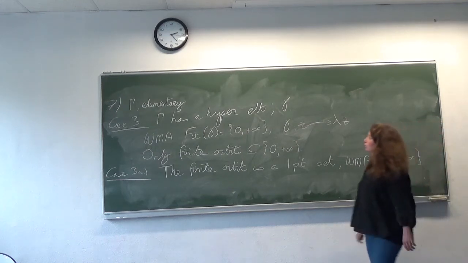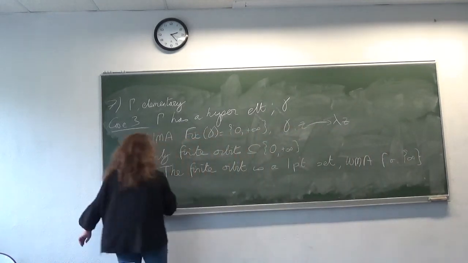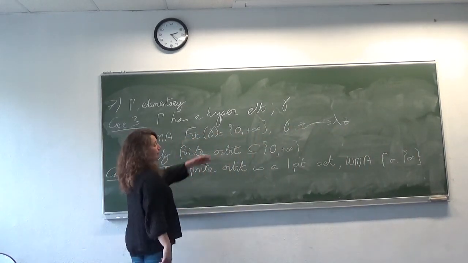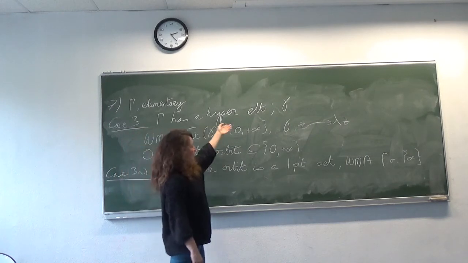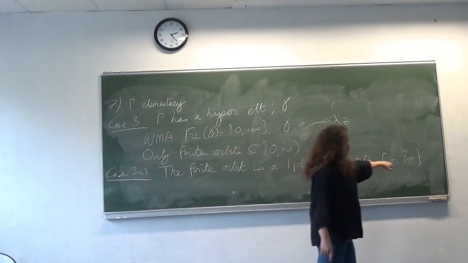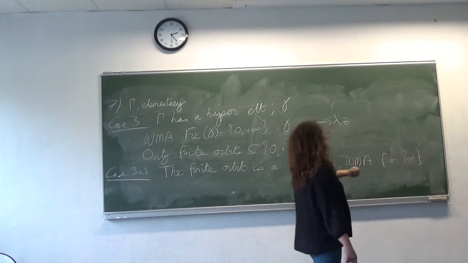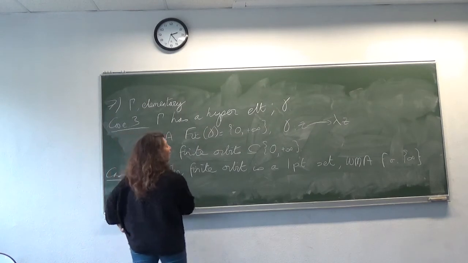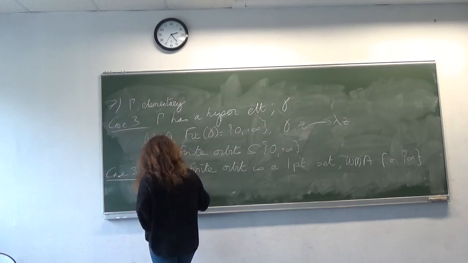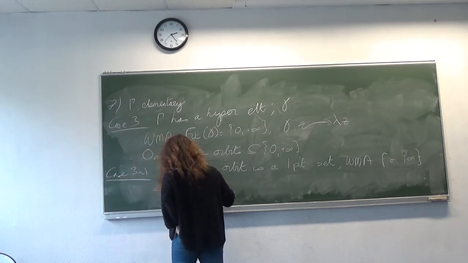So we know that we cannot have any parabolic elements in our subgroup because it contains a hyperbolic element. We're asking for things that fix infinity, so we can't have any elliptic elements. So we have that gamma is uniquely hyperbolic.